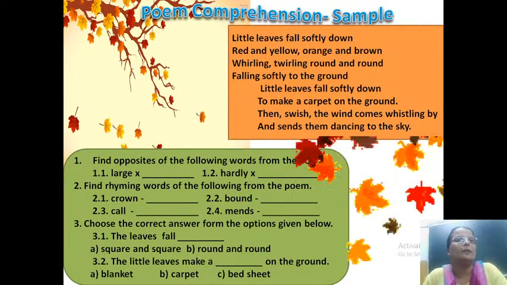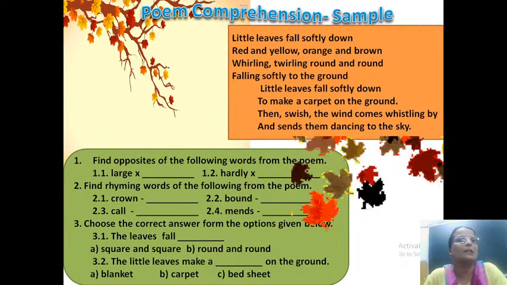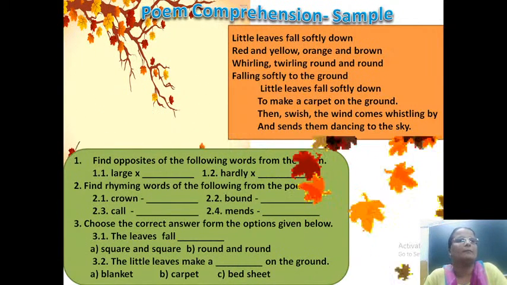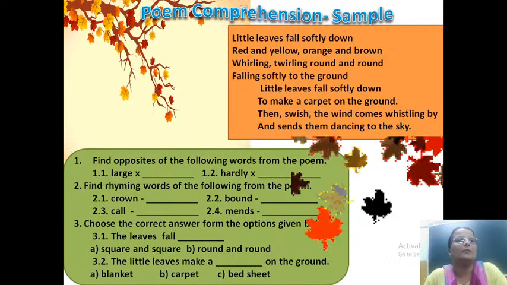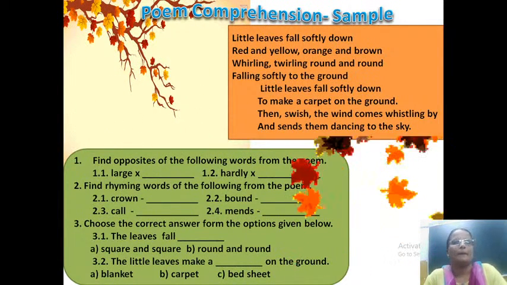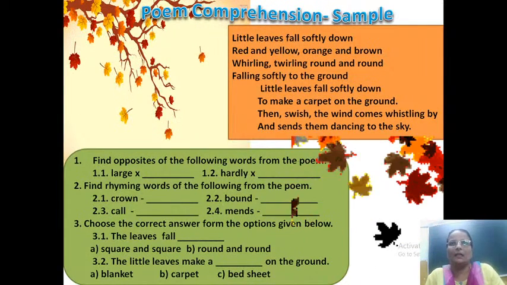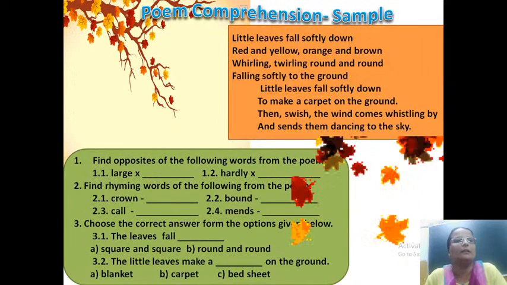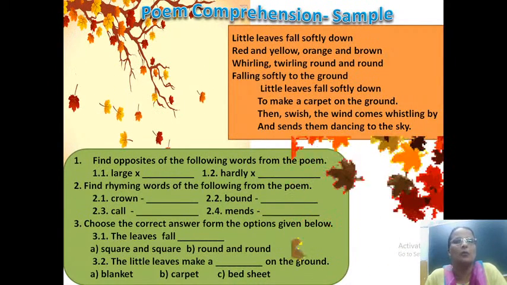Purvesh Mohod wrote the answer, that is B. Okay, that's correct. Krishnam, A is wrong. You haven't read the poem well. See, in the third line it is written whirling, twirling, round and round. The leaves fall down round and round.